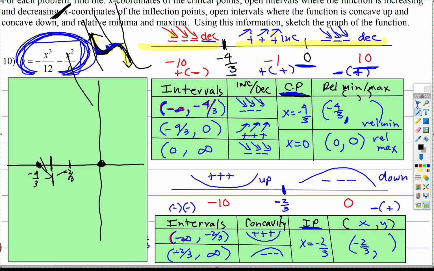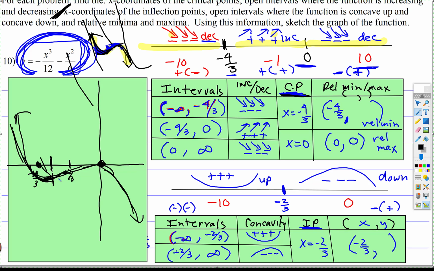All right. So it's going to come down like this. It's going to peak. It's going to have a maxima right there and then start to go back up and look something like that.